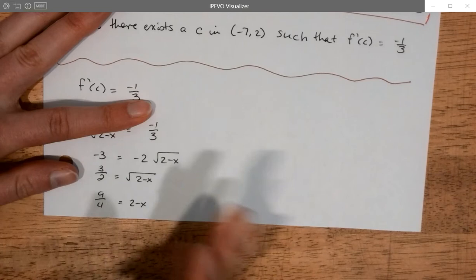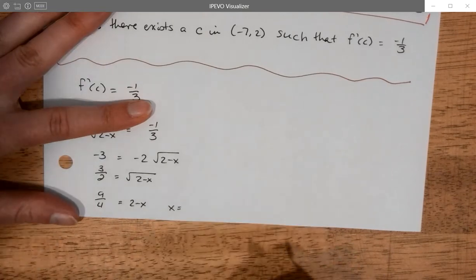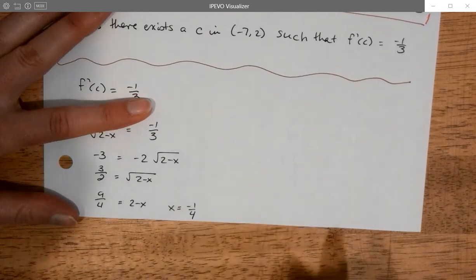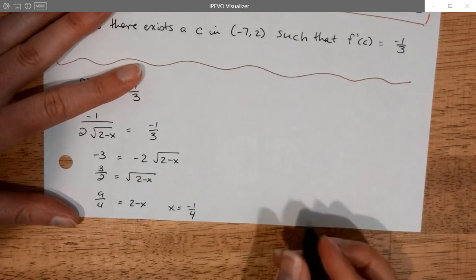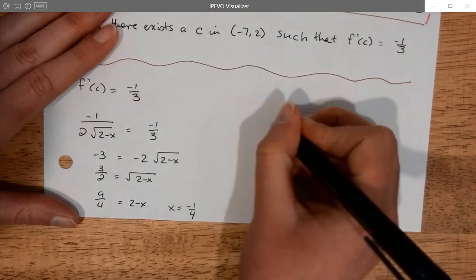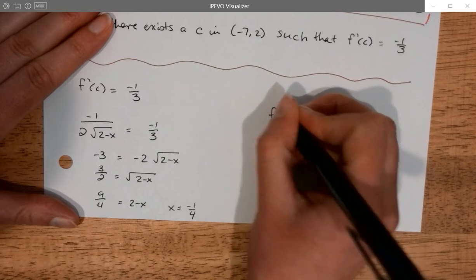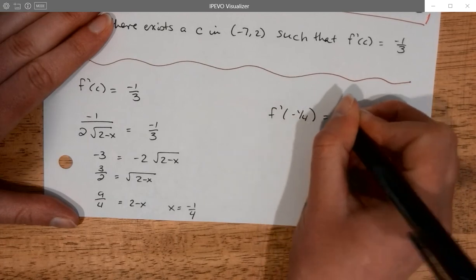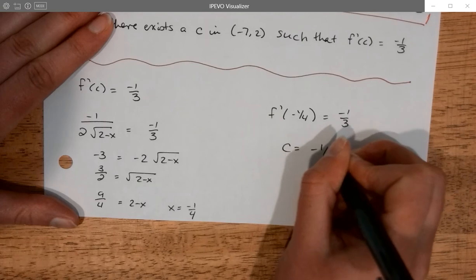Add the x, subtract the 9/4. x equals 2 minus 9/4. 2 is 8/4 minus 9/4 is negative 1/4. So it needs to be at negative 1/4. Okay? So f prime of negative 1/4 is equal to negative 1/3. So the c value is negative 1/4.